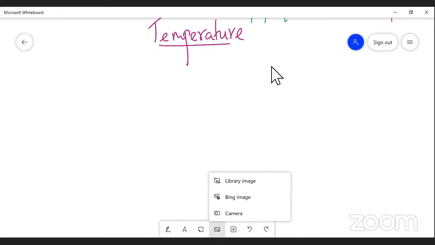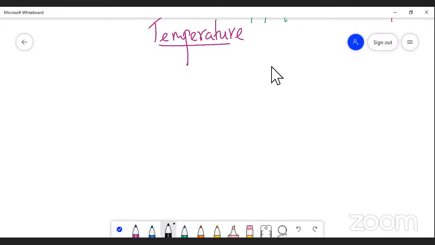They are minimum temperature, the second category is maximum temperature, and the third type is meso or optimum temperature. First of all, let me take minimum temperature.